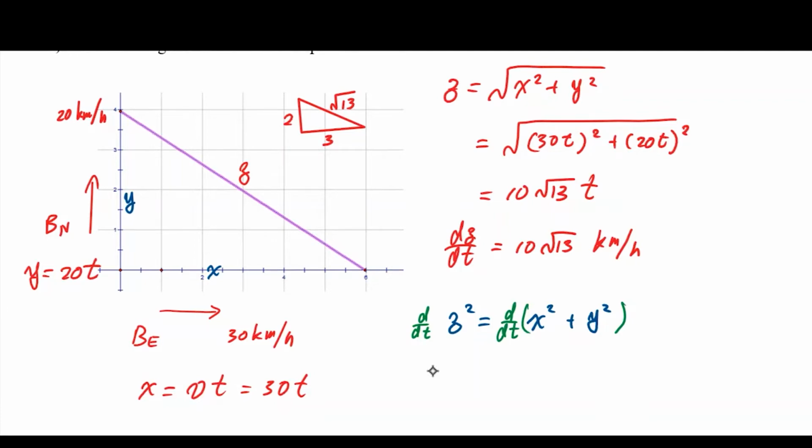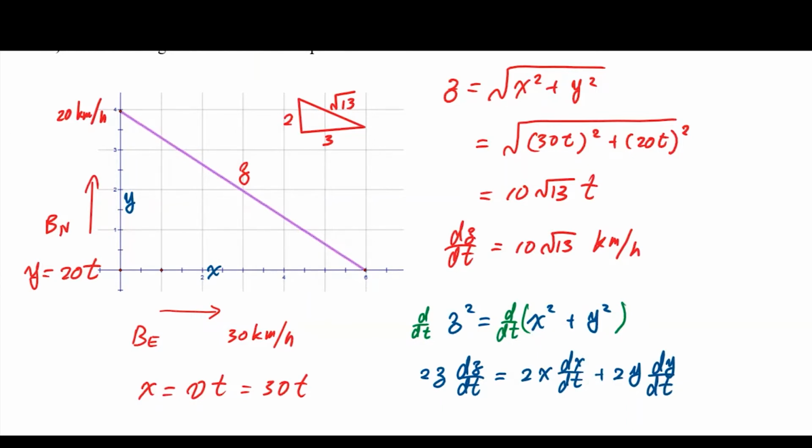Then this thing will become 2z, and then chain rule. Remember chain rule? dz over dt. And the other one, this one used to become dx over dx, but now this one has a chain rule, because x is a function of t after all, right? And plus 2y and dy over dt.